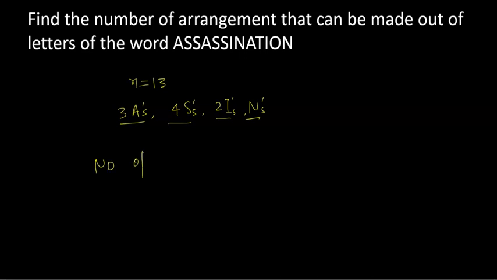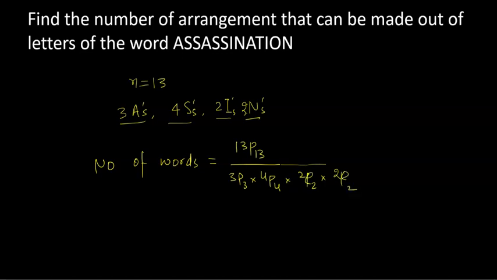So the number of words is going to be 13P13, because I'm arranging 13 out of 13, divided by the repetitions. The 3 A's need to go out, because I'm just removing the repetitions, so 3P3, and then the 4 S's, 4P4 ways, and the I's 2P2. And the N's, there are two N's, I forgot to write it here, so 2P2 ways are the number of N's.